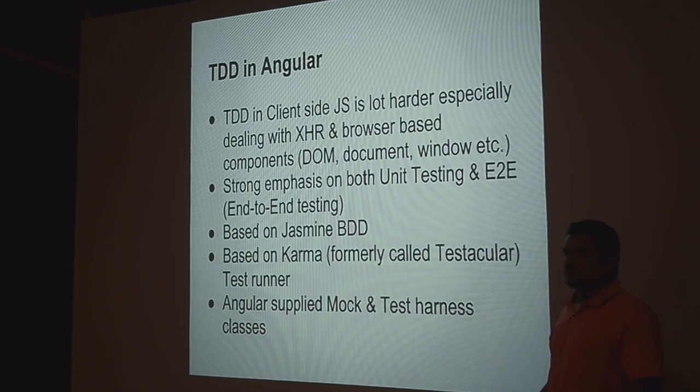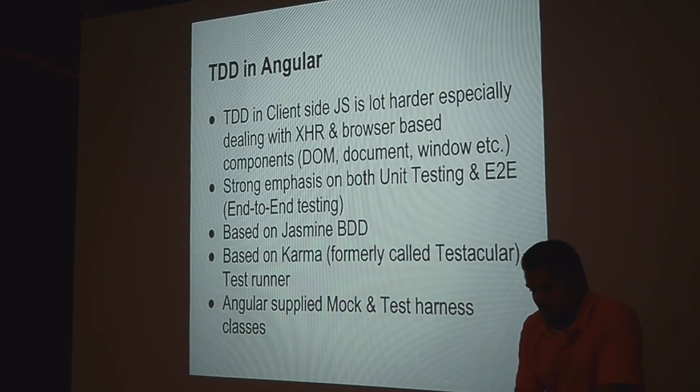When I say end-to-end testing, it means you can literally log into your page and go through events like clicking on the button, waiting for the data to come back, so you can trigger all those events, and then capture the results within what they call a scenario in AngularJS.